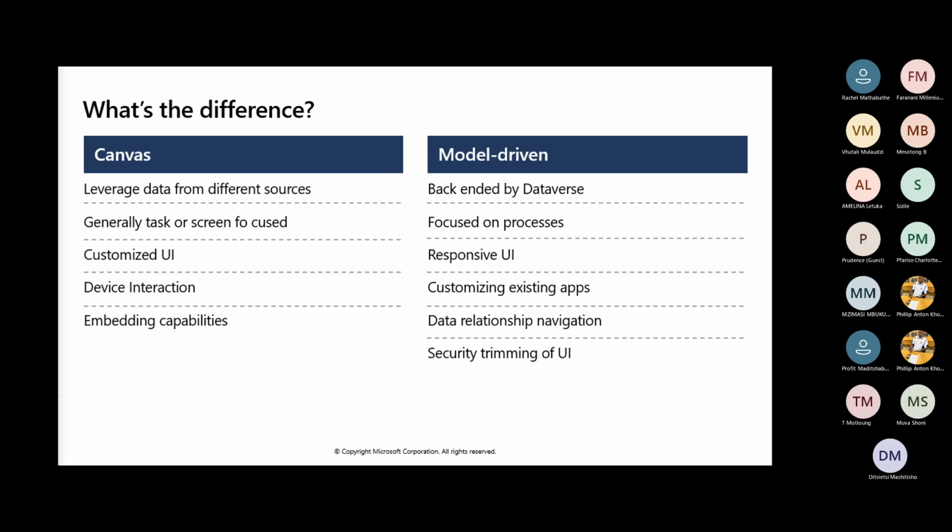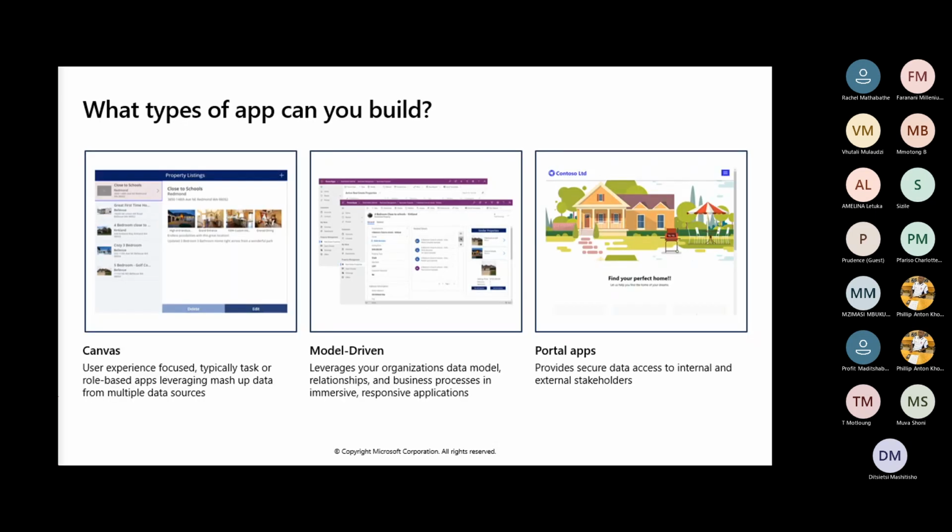Canvas apps are more user experience focused, and they're typically task or role-based apps leveraging and meshing up data from multiple data sources. We will get to look at this because we're going to first start building our apps using Canvas app.